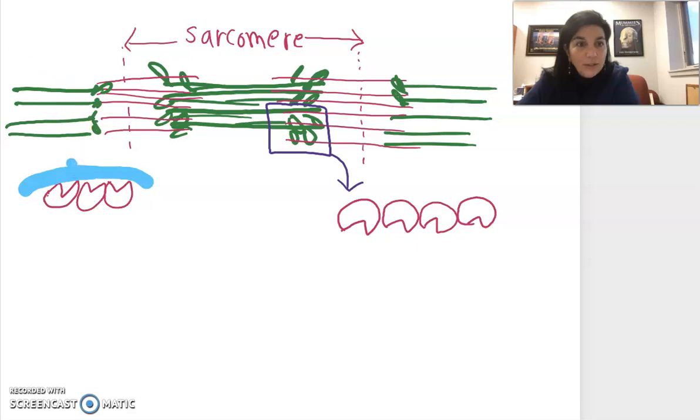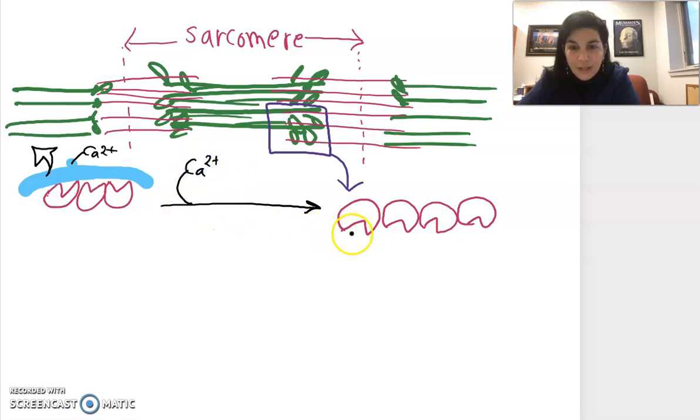So troponin is the one that binds the calcium, and when calcium binds, this whole complex moves out of the way. So when this complex moves out of the way, so this is when you have calcium, in the presence of calcium, you have the binding sites that get revealed because the complex moves out of the way.